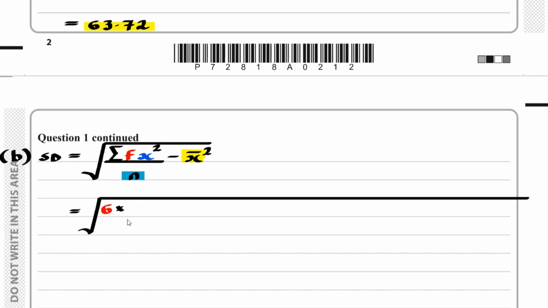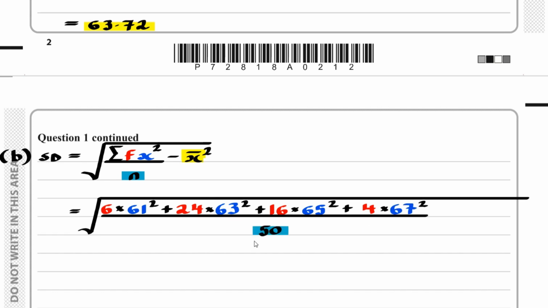So we have 6 times 61 squared plus 24 times 63 squared plus 16 times 65 squared plus 4 times 67 squared, and we divide this by 50, and then we subtract the mean, 63.72 squared.